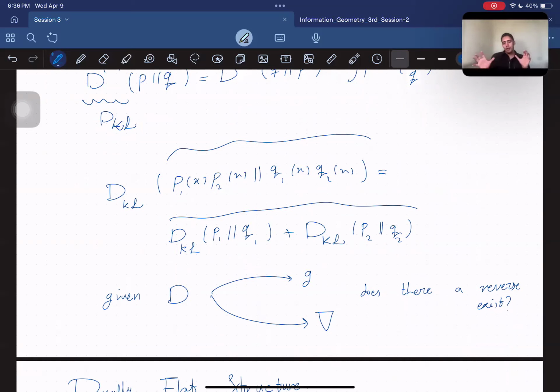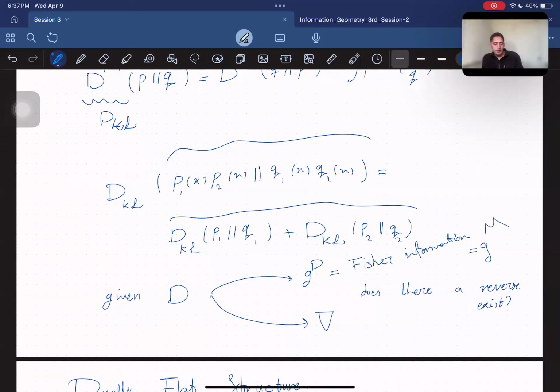And no matter the divergence we start from, which was essentially all these class of F divergences, if we look at the Taylor expansion of them, the second of them, GD, would equal the Fisher information matrix, which is constant. So no matter what divergence you come from, the induced geometry or the induced Riemannian metric would be the same.